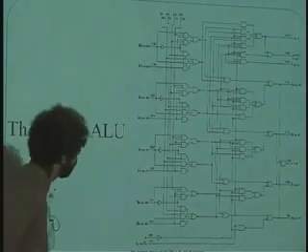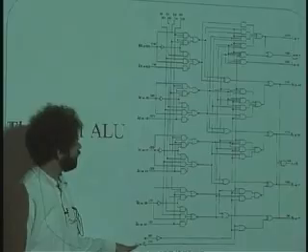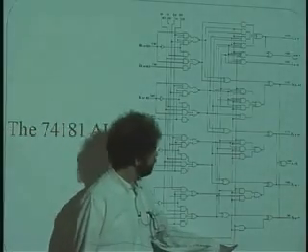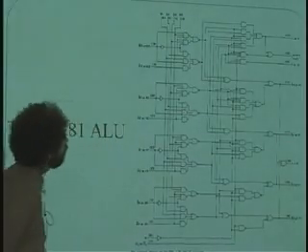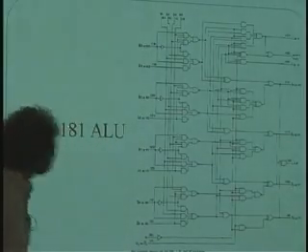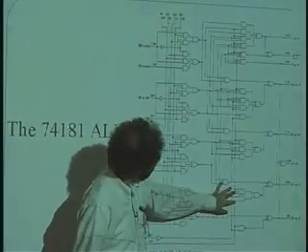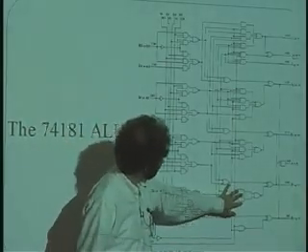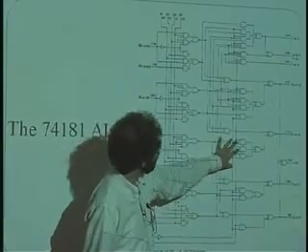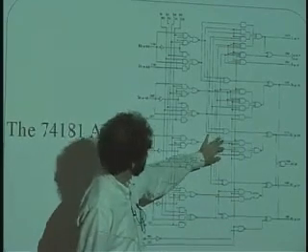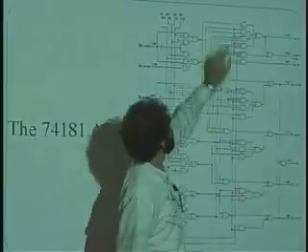First of all, the carry input C from lower order stages comes in here and goes all the way up here. And if you look at it, the first stage over here seems to only have a few inputs, and some of them are AND gates and some of them are XOR gates. The next stage is looking at more bits, and the next stage is looking at more bits, and the next stage is looking at even more bits.